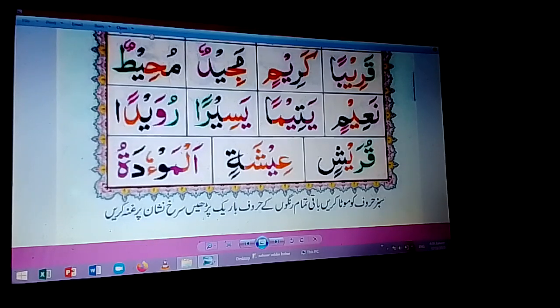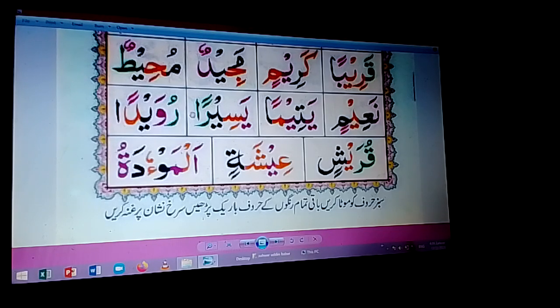Okay, just up to here, second to last line. Up to here, all the letters will be prolonged. Why? Because there is ya silent.